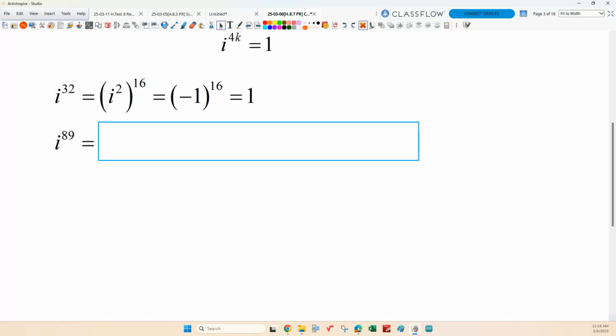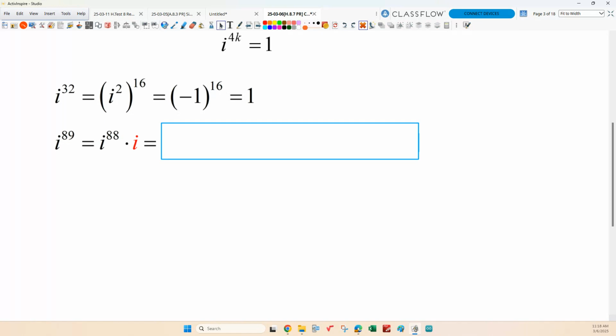Okay, how about I to the 89th? Now I can't do exactly the same trick because half of 89 is not a whole number, right? But I could split I to the 89th up into what two powers of I? Yeah, I could split it up into I to the 88 times my leftover extra I. And I to the 88th is an even power of I. So that's going to end up equaling negative 1 to what power?